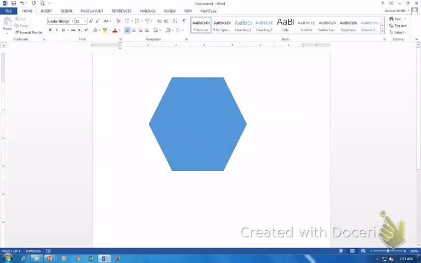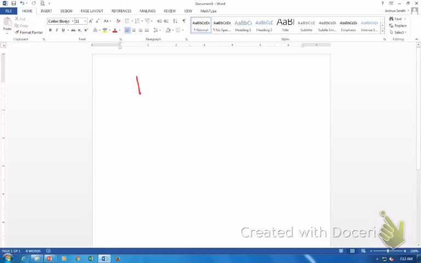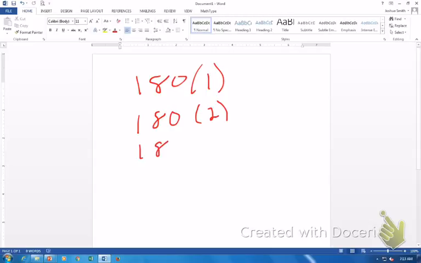Now hopefully we're starting to see a pattern here that's going to work out every time, right? And that pattern was, for a triangle, we only made one triangle, right? We already had one triangle, so we'd do 180 times 1. For the rectangle, we drew a diagonal and created 2 triangles, so we could do 180 times 2.